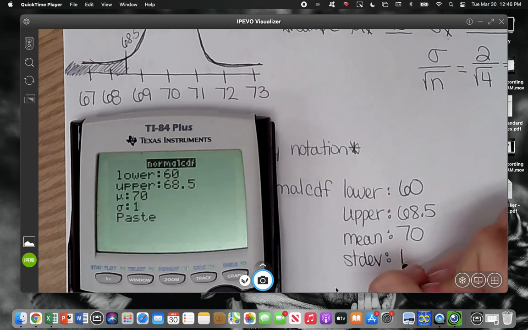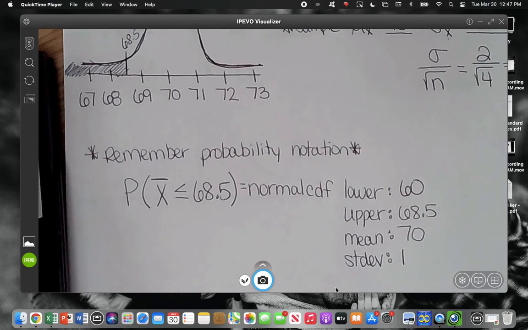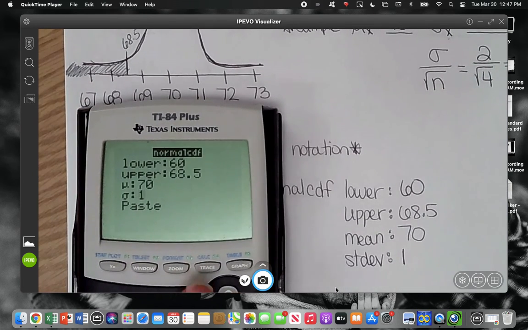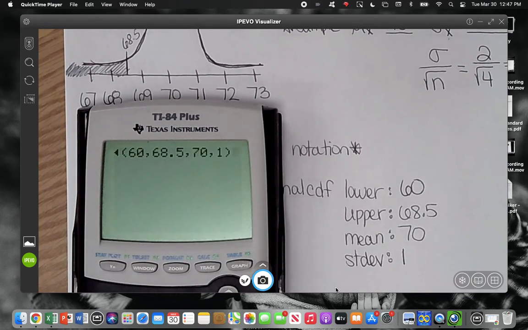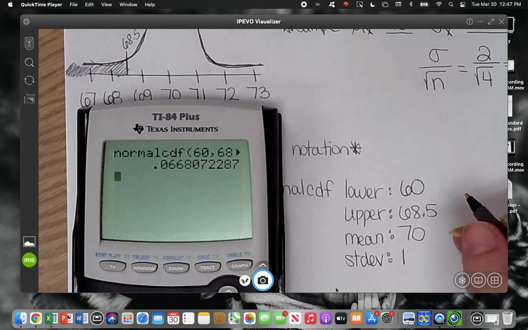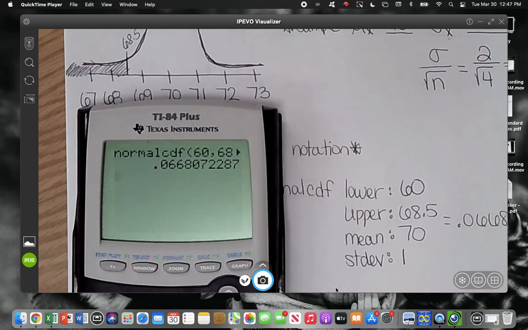It was 1. The population standard deviation was 2, but the formula gave us 1. So then we're going to paste that in. And it gives us a probability of 0.066807 and a bunch of other stuff.